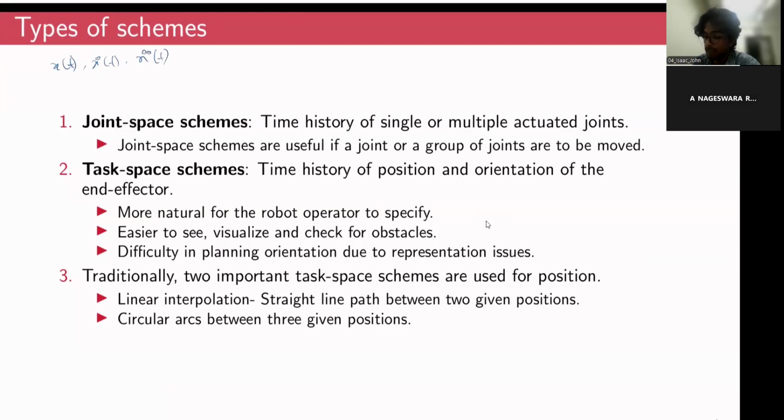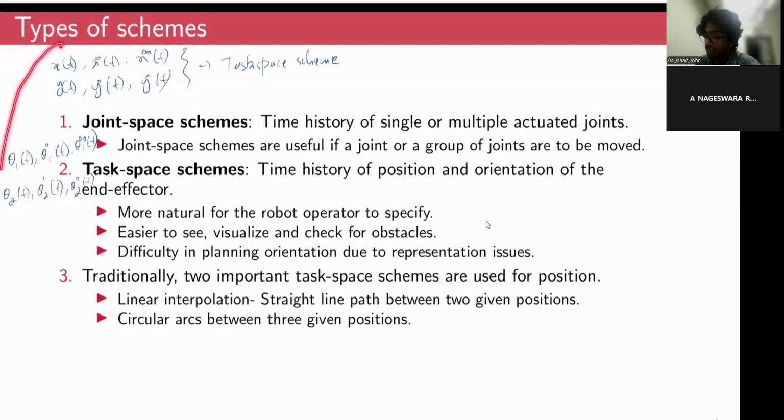Then if you have one more task space variable, you can generate y of t, y dot of t, and then y double dot of t. You can generate a trajectory in a task space scheme, or you can generate a trajectory in joint space scheme. Maybe if you have an RR robot, you can generate theta 1 of t, theta 1 dot of t, theta 1 double dot of t, and then theta 2 of t, theta 2 dot of t, and theta 2 double dot of t.